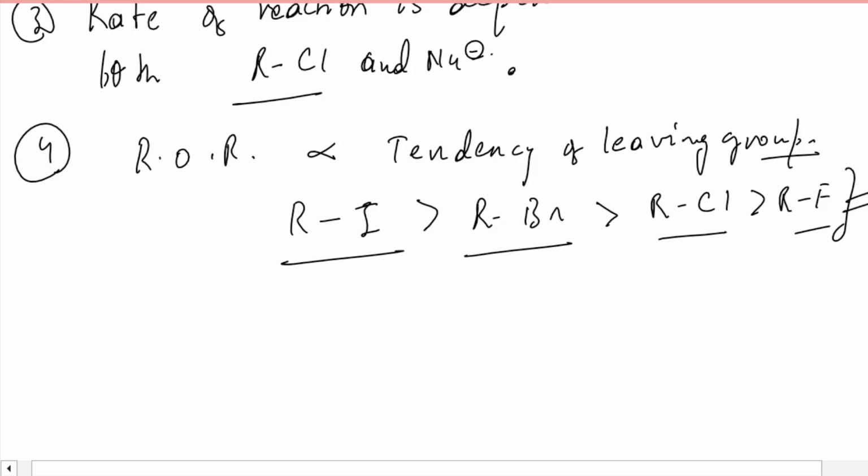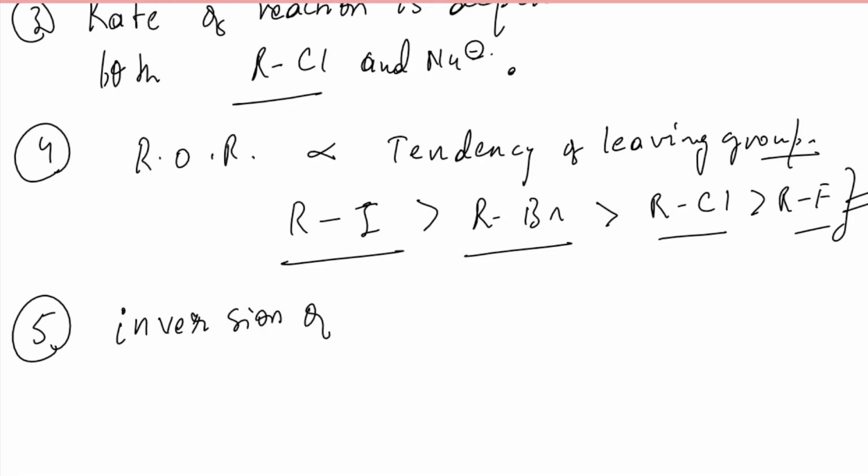The more easily a leaving group can leave, the more is the rate of a chemical reaction. Fifth, inversion of configuration is taking place here. Okay, so that's all about the SN2 reaction.